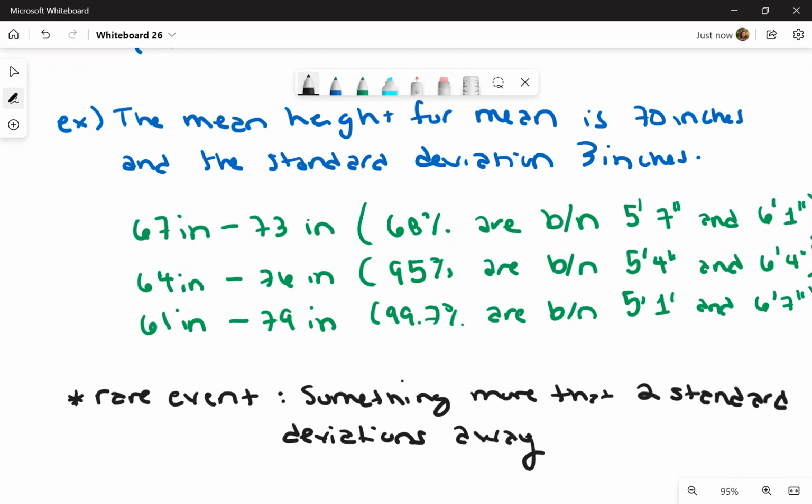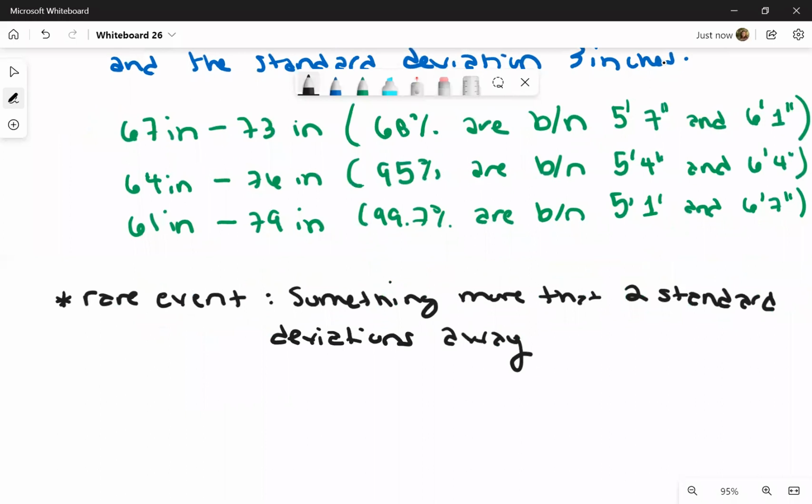Sorry, it's getting fuzzy because I'm writing low. There we go. It's happier when I get away from the bottom of the screen.